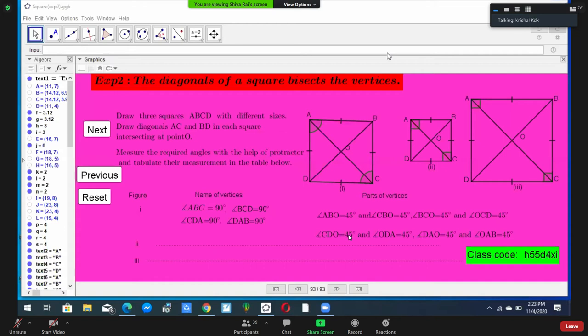What class code is that? Which class code? Class code, you look here in the screen and note down. Google Classroom.